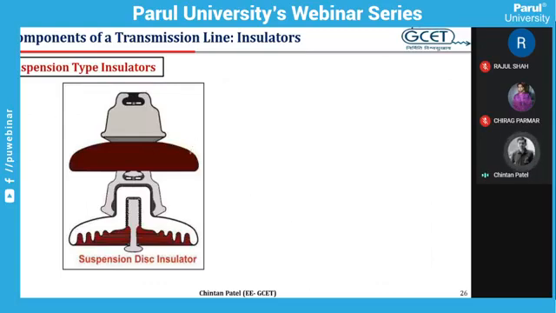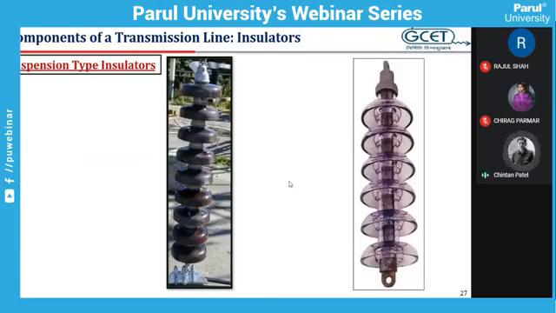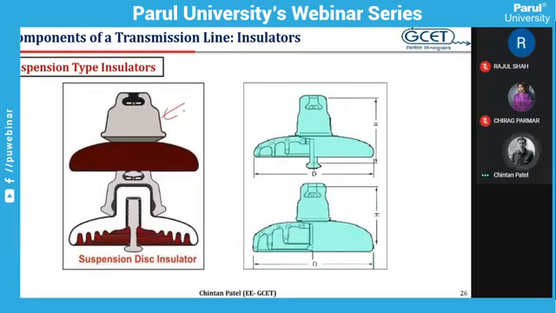So you can see two discs which are connected with each other to form the suspension insulator string. Now this disc insulator or suspension type insulator has two main components. The first component, these two, are known as the metallic cap.